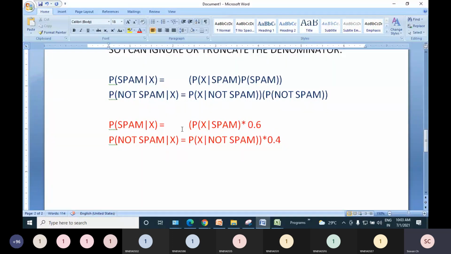So what is the formula? P of spam given X is equal to, so let me deal with this first one. Call this one 1. So P of spam given X is equal to P of X given spam into 0.6.